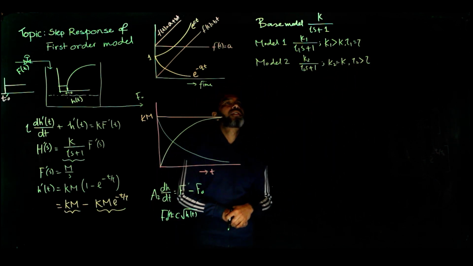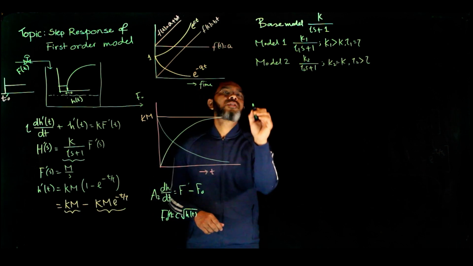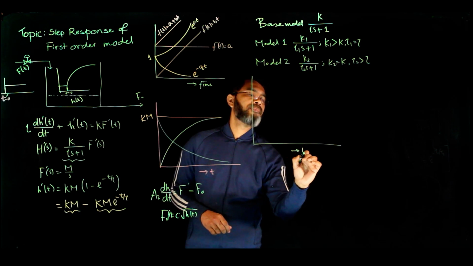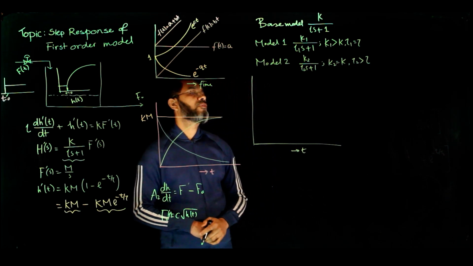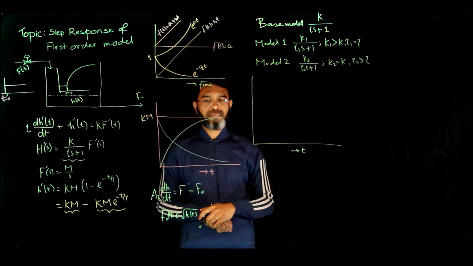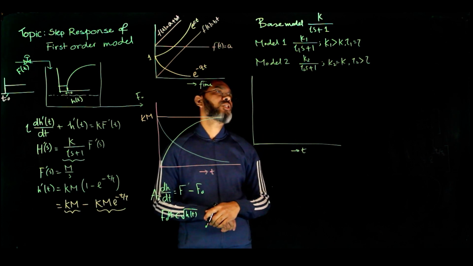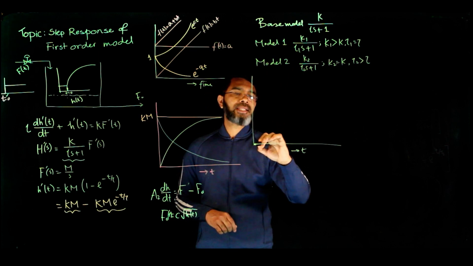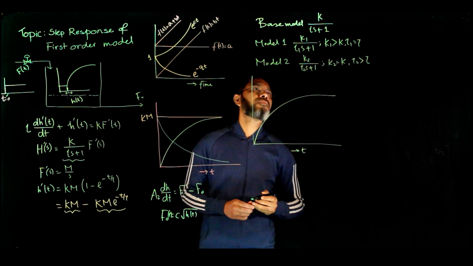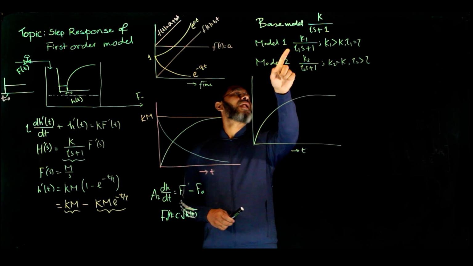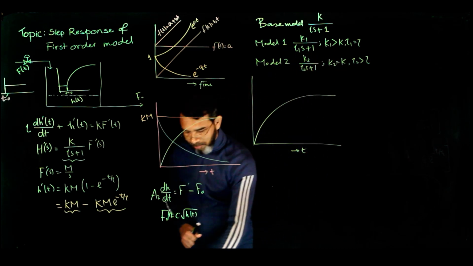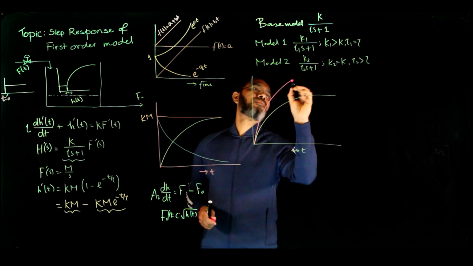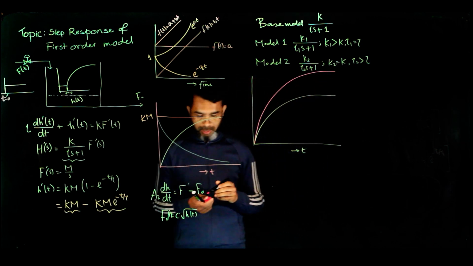Now how does this response look? So we plot these three responses here with time. Say for the same input change, if we take the same input magnitude for all these three cases, the base model would look something like this one. For model 1, where k1 is greater than k, it will look like this.